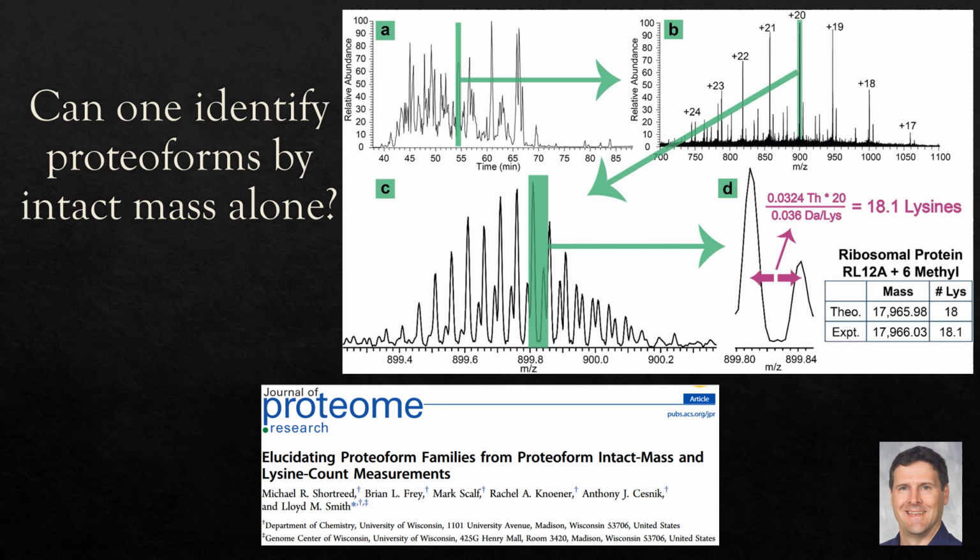We made a SILAC mixture of proteins, heavy and light, and we mixed them together in a defined ratio so that when you see a proteoform eluting, the MS1 has a characteristic ratio between peaks. You can measure the SILAC mass difference between those peaks, and compute the number of lysines in the proteoform. And then by looking up in a table of exact mass and lysine count, you can ID the protein.